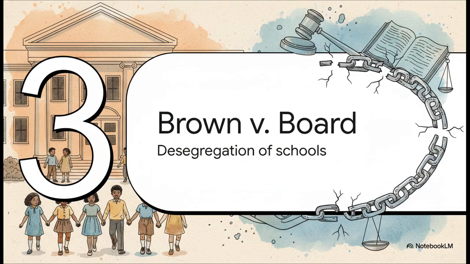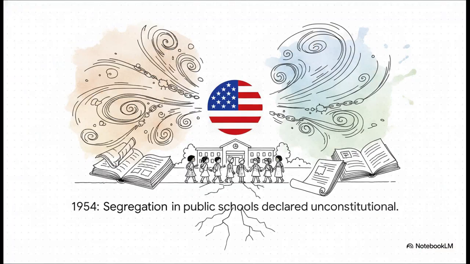Which leads us perfectly into Section 3, the Brown v. Board victory. This was, without a doubt, a monumental victory that shook the entire country. In 1954, the Supreme Court officially slammed the gavel and declared that segregation in public schools was unconstitutional. Boom. Just like that, the 1896 separate but equal precedent was totally dismantled as the law of the land in schools.